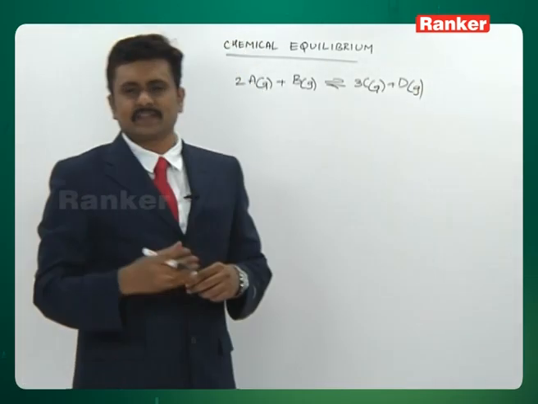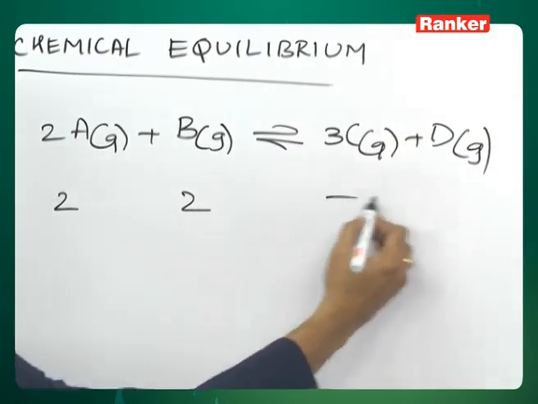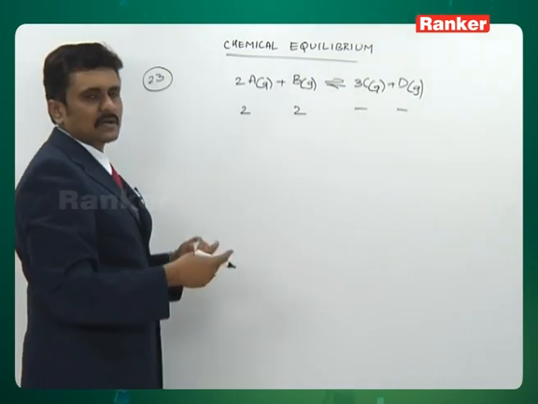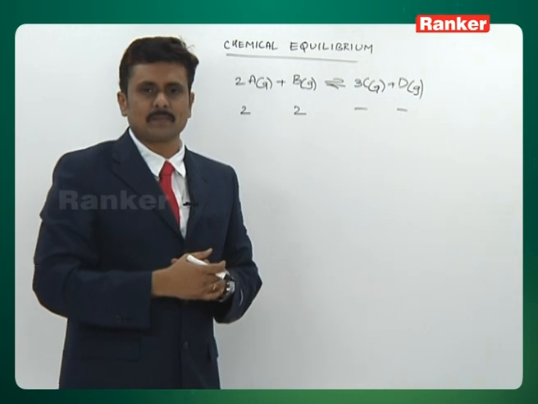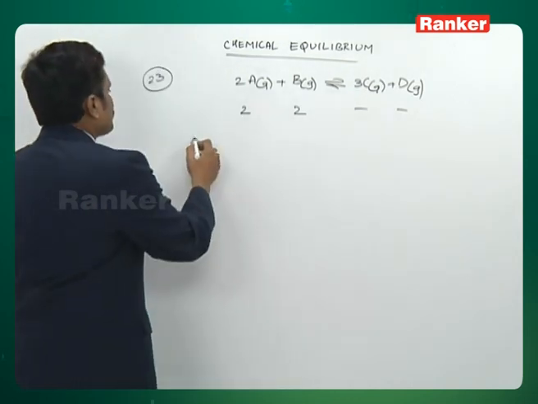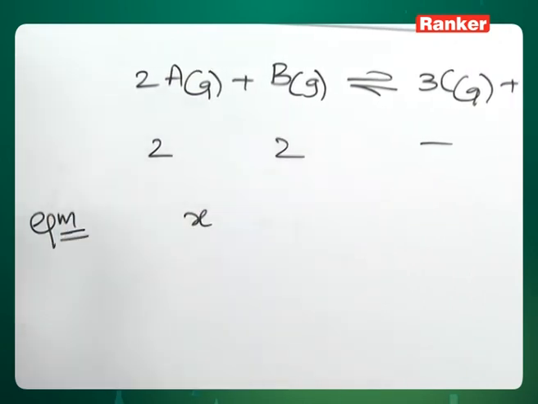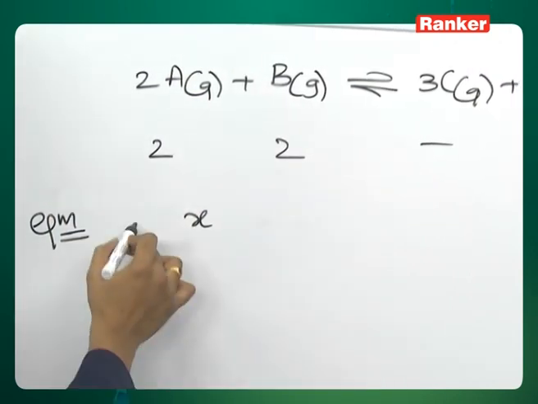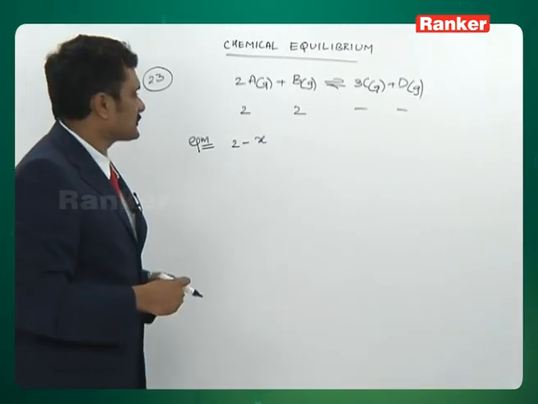Now, we have taken 2 moles of each. The concentrations of these two happen to be 2 and 2 because the volume of the vessel is 1 liter. Now, when the equilibrium is reached, suppose x is the moles or concentration of A that underwent the reaction, then the remaining moles of A were found to be 2 minus x.